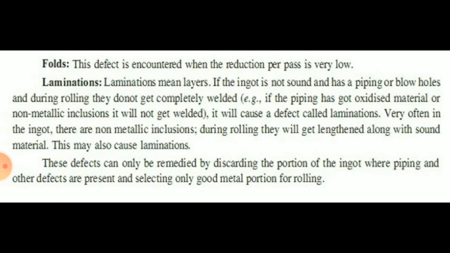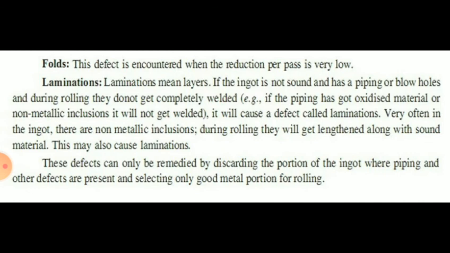Laminations means layers. If the ingot is not sound and has piping or blowholes, and during rolling they do not get completely welded or completely mixed, for example, if the piping has oxidized material or non-metallic inclusions, it will not get welded.